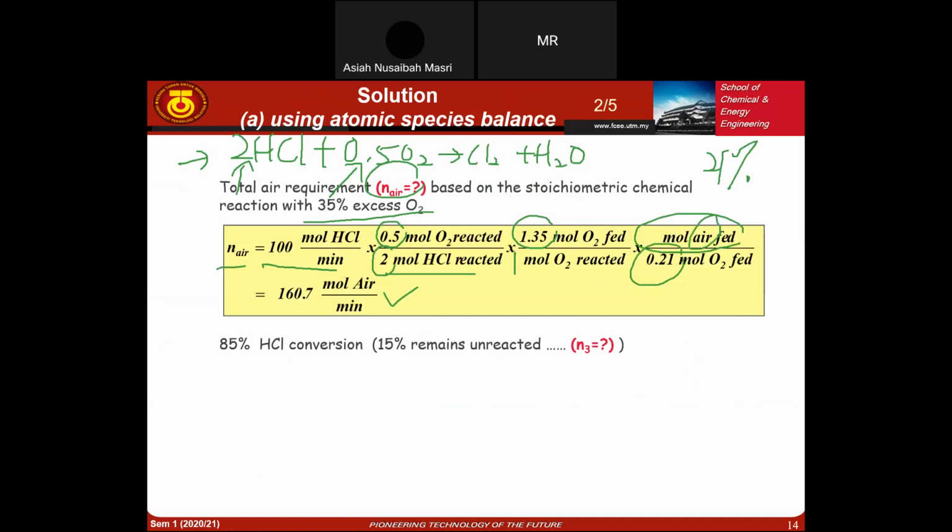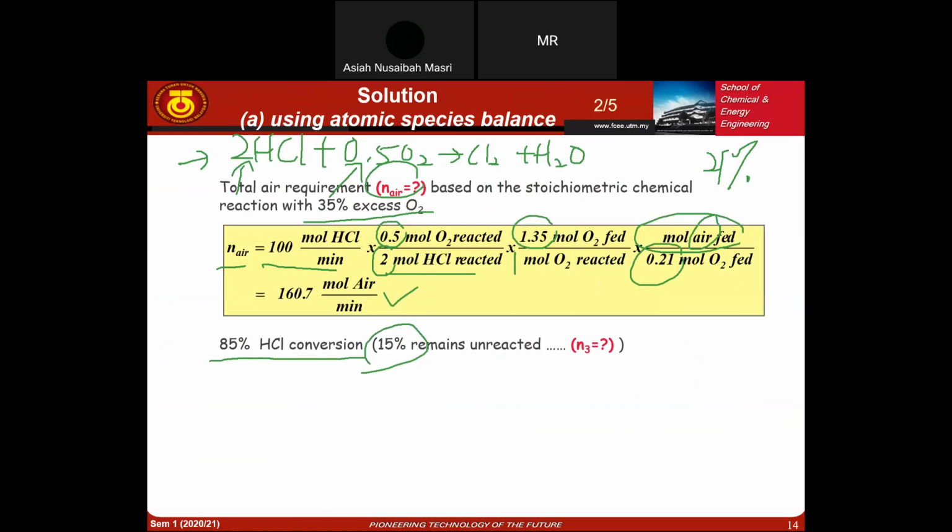So we solved one variable. Next, what are we going to solve? Let's use the second specification given by the question. The specification says that we have here 85% HCl conversion. That means 15% remains unreacted.